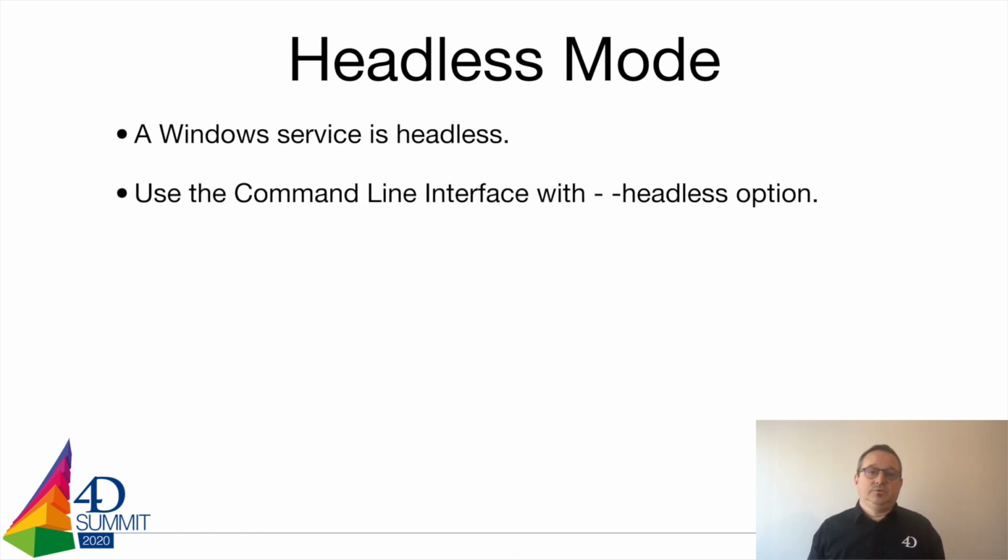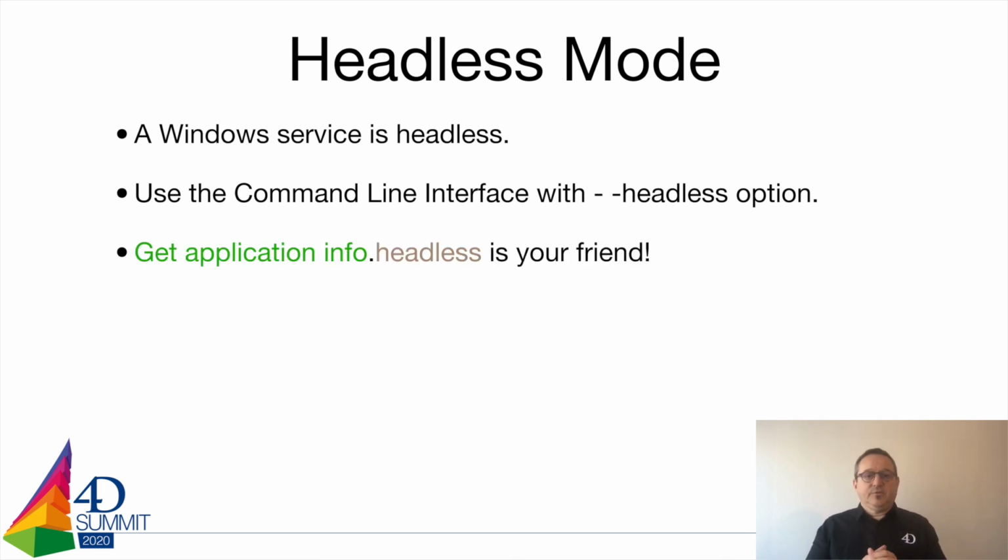So to run an application in headless on macOS, use the command line interface with -headless option. So take care about the demo. There's a space between the two hyphens, but when you type it, there's no space. Just type -headless.